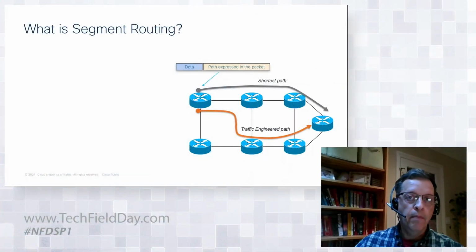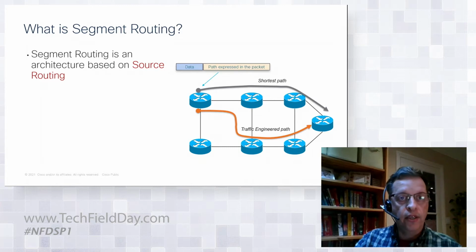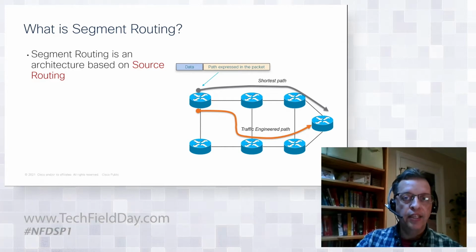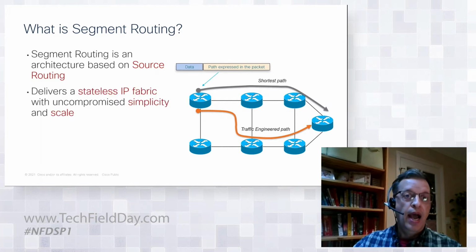So segment routing. We know segment routing is an architecture that basically brings source routing to packet networks. And by source, we mean that the device where there is a packet injection is going to be able to impose semantics to the packet, so the packet will move accordingly through the network, according to the semantics that were imposed at the source.